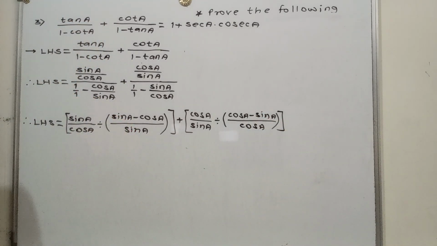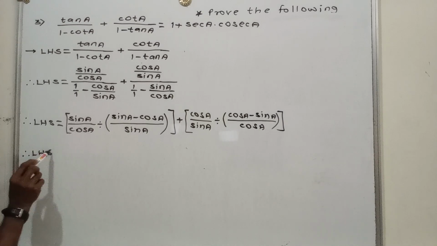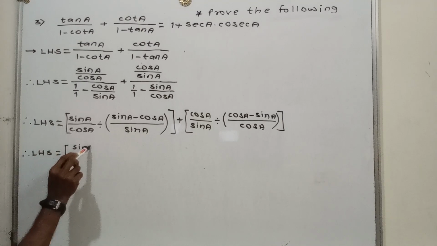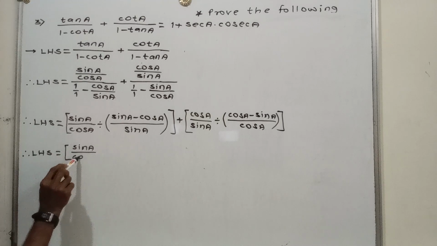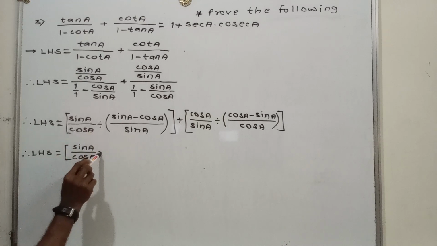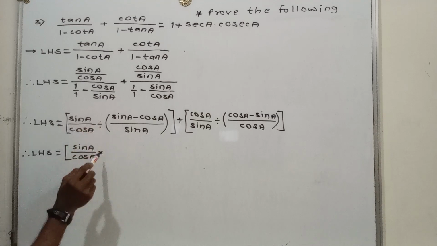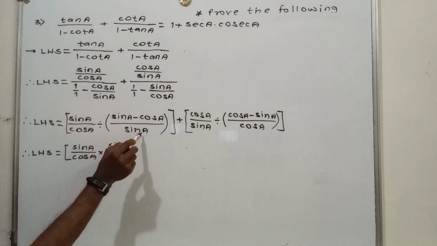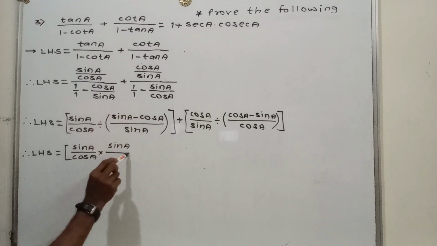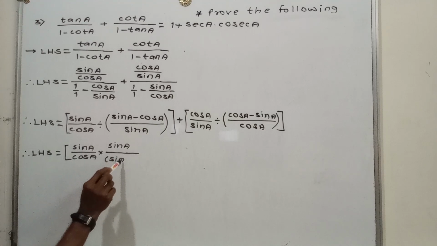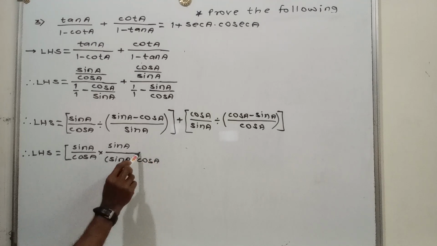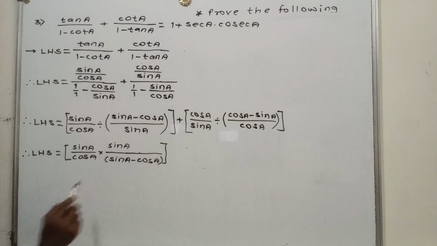Now we write here LHS is equal to sin A upon cos A multiplicative inverse. This division we convert into multiplication, that is, denominator becomes numerator and numerator becomes denominator: sin A minus cos A. This is our denominator.